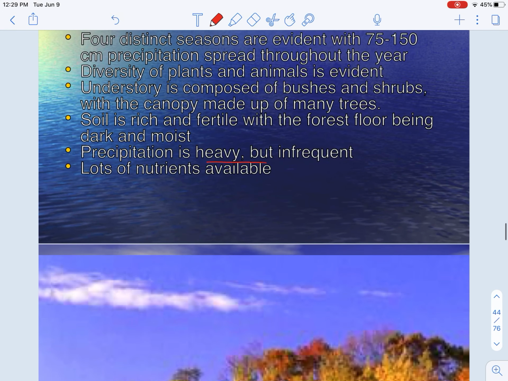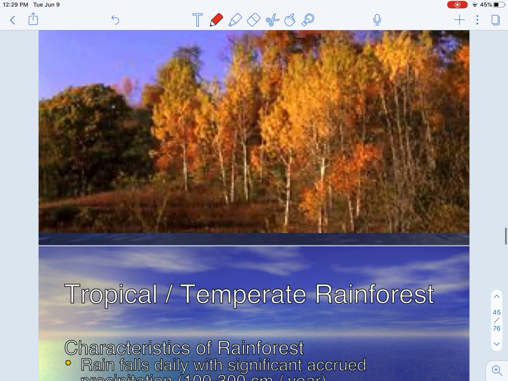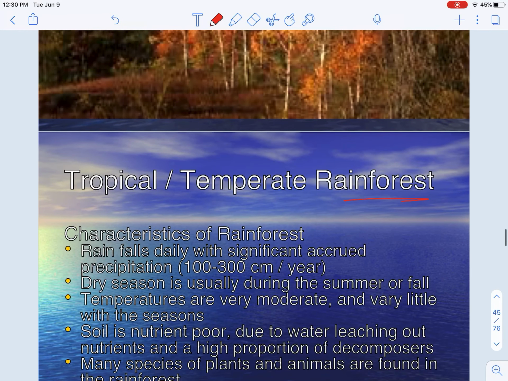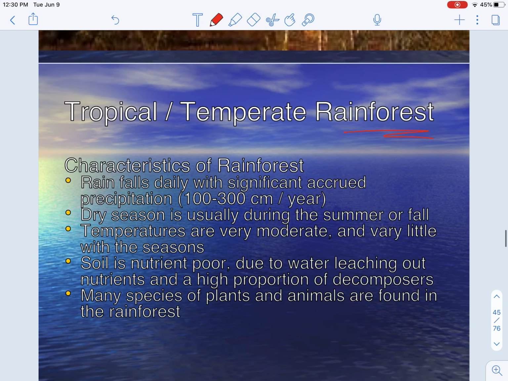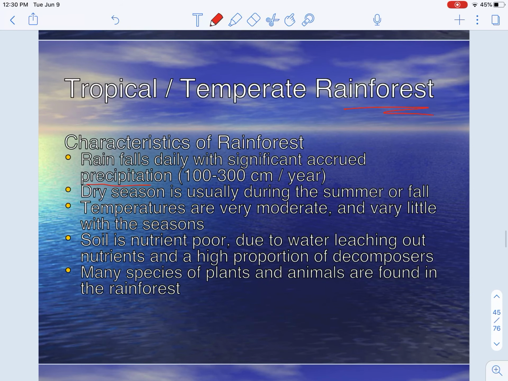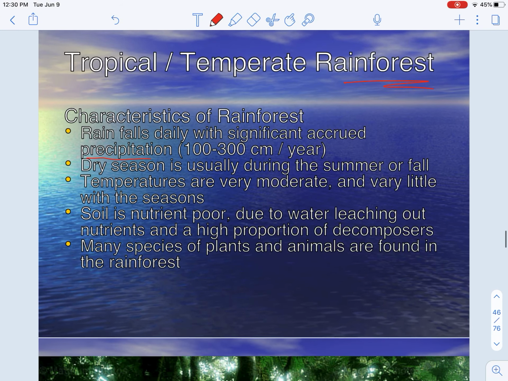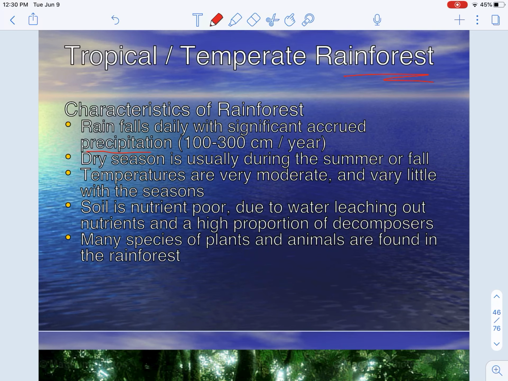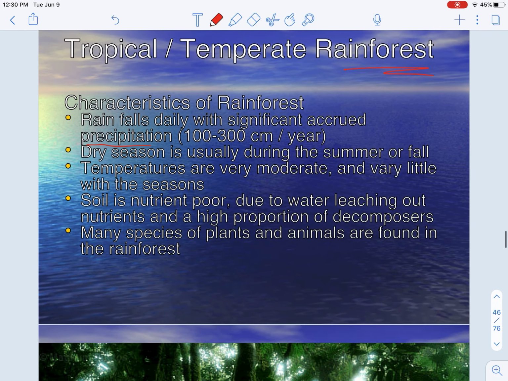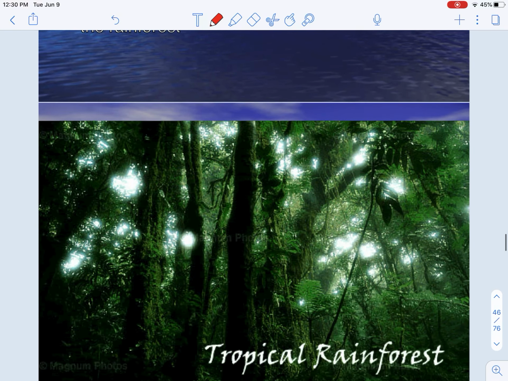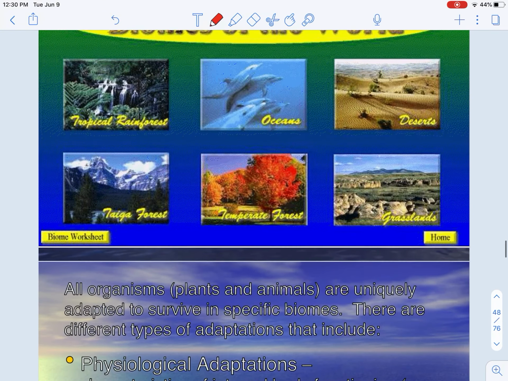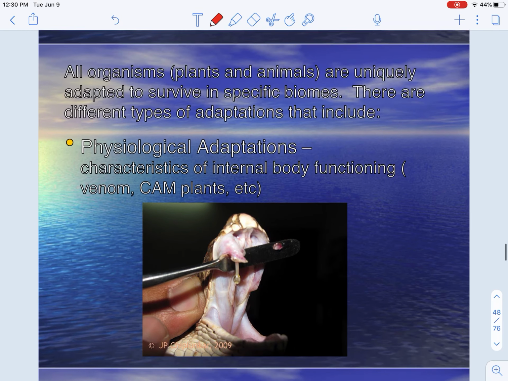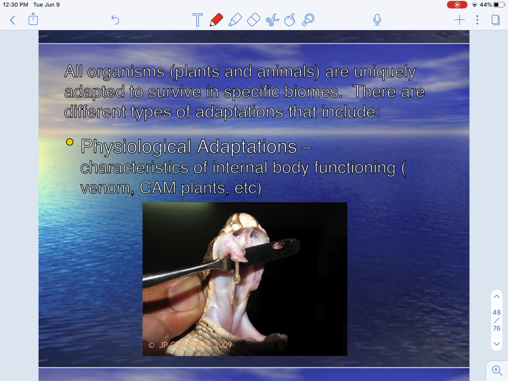Deciduous forests, more precipitation, shrubs and bushes, trees, and heavier rains, lots of nutrients. And then the tropical rainforest is an area that has very high precipitation, and many plants and animals, very high diversity there as well.